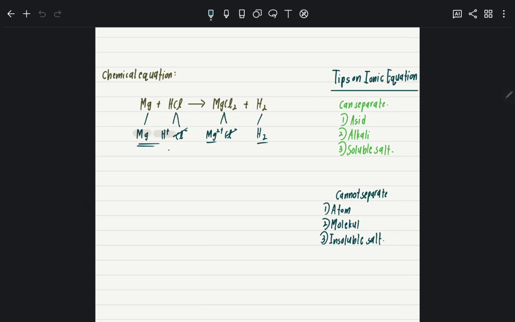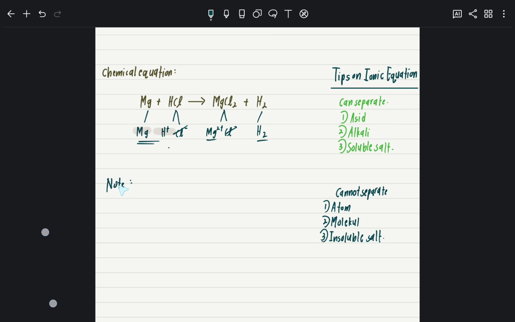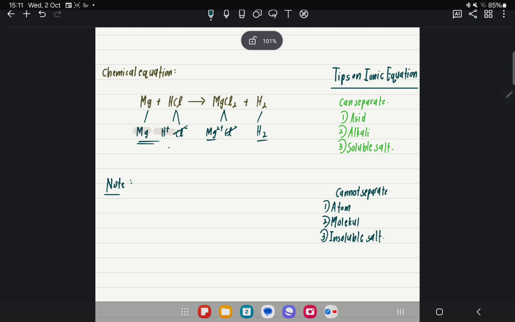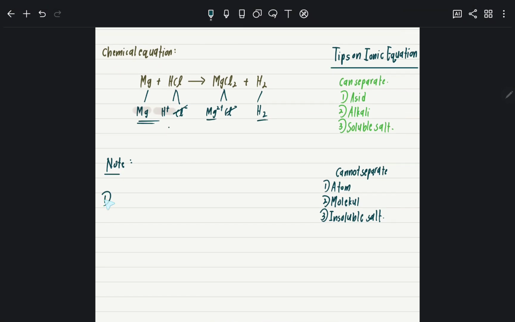Okay, wait, I give another note also. Note, if your question asks you to answer for size, here are the tips. First, do the chemical equation and the ionic equation. After you do both of them, then you go to the first sentence, compare size.